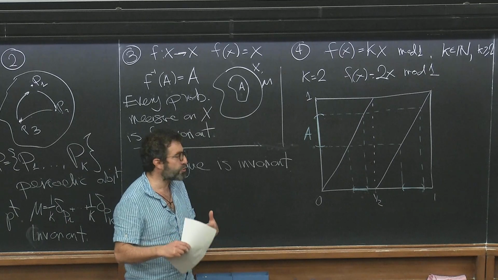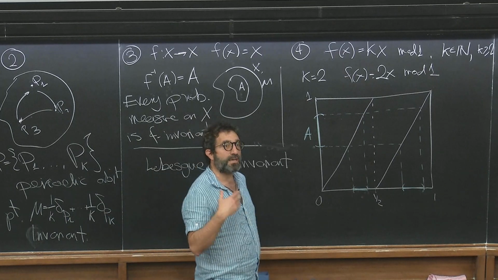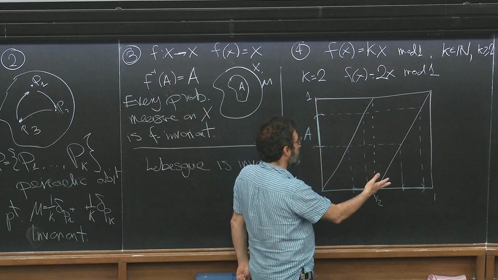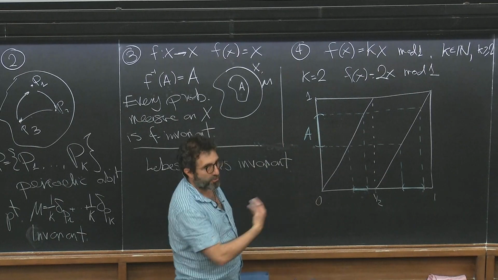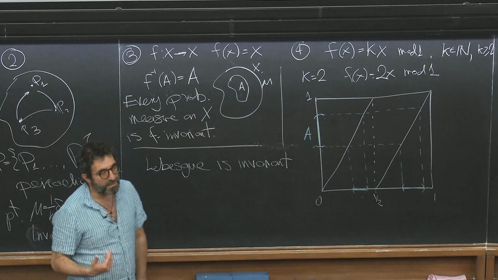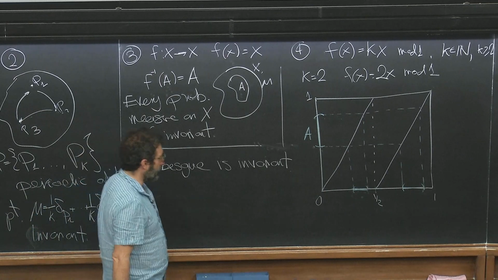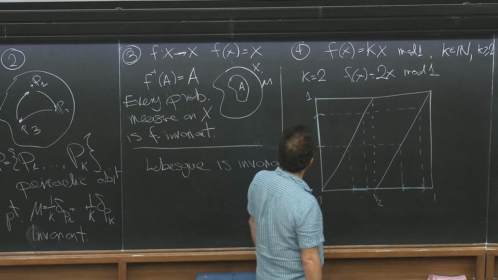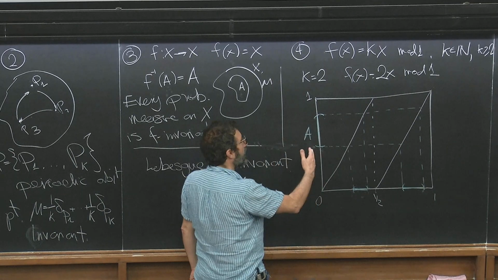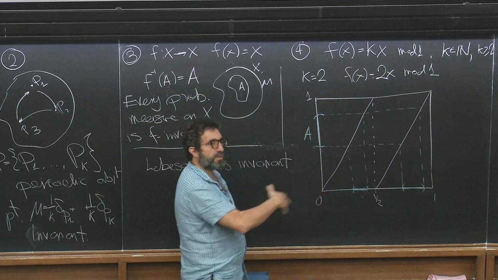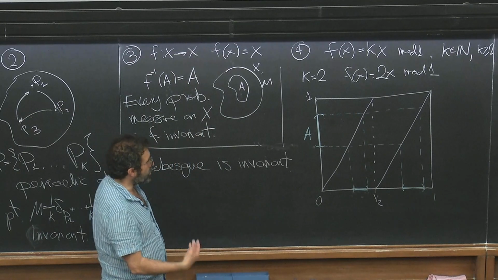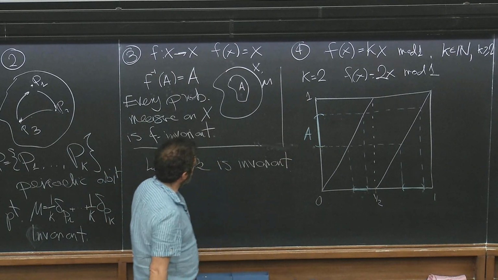It's possible to show that if you check invariance for intervals, then this implies invariance for all measurable sets. It's a small technical point, but it's worth mentioning, although we don't need to go into the details. This explains how it is sufficient, in this and in other cases, to check the invariance for intervals.